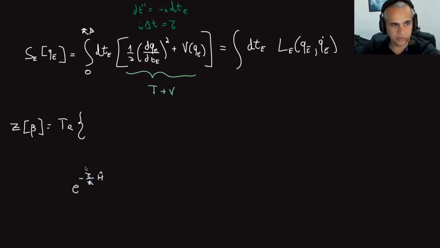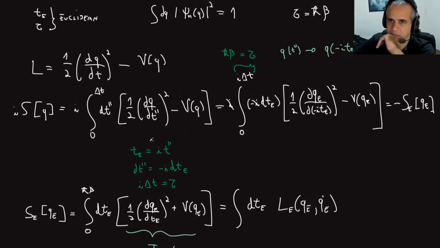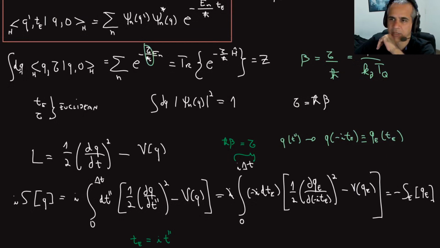Which I can substitute, right, tau by h bar beta. H bar goes away. This is just beta h, right? Of course, that's how I'm defining beta in this case. This guy goes here. And now I'm saying that is also another way of obtaining the same quantity as I have shown here, right? I get to the same quantity, but now I'm writing this as a path integral, because I know I can do that.